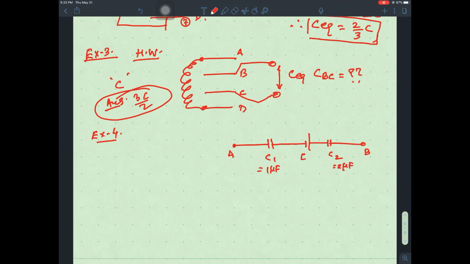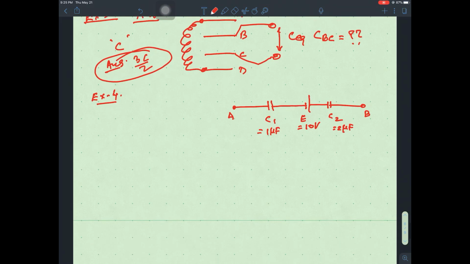and this battery has the voltage E equals 10 volt, and it is also given that this point is A, this point is B. It is also given VA minus VB equals 5 volt, and the question says: what is the voltage drop across the capacitor C1, and what is the voltage drop across capacitor C2?